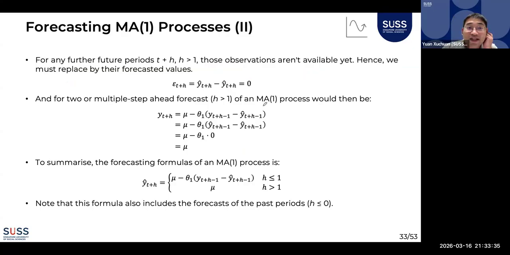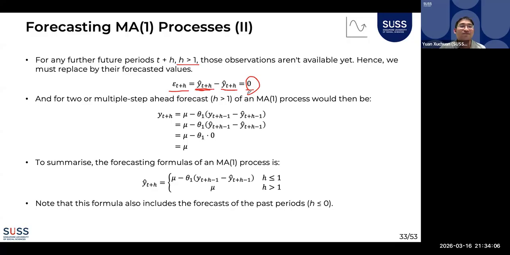For any future period, let's look at the error term in period t+h, where h is bigger than 1. For all t+h with h bigger than 1, we don't have the actual observation, so we need to use a forecasted value to represent it. This is the forecasted value minus the forecasted value, so it will be 0.